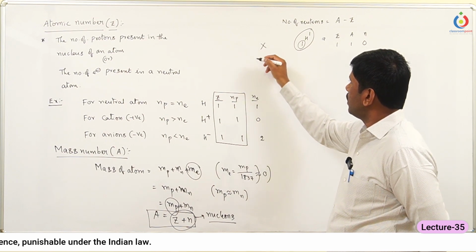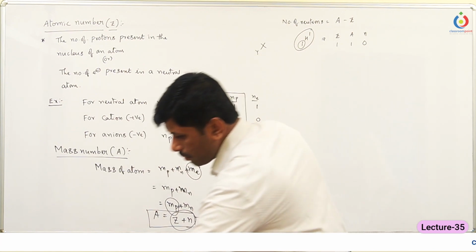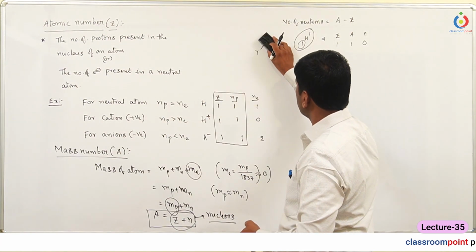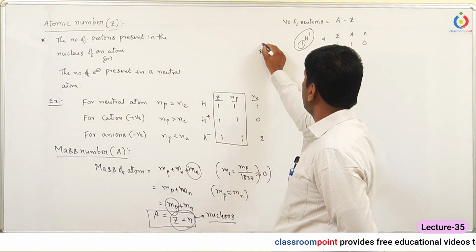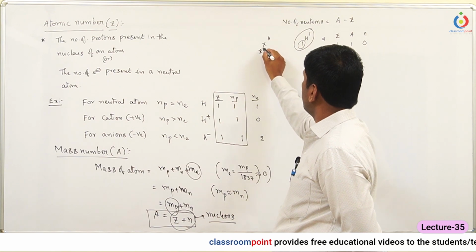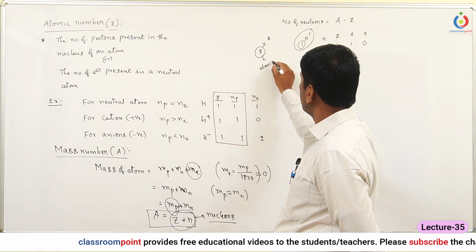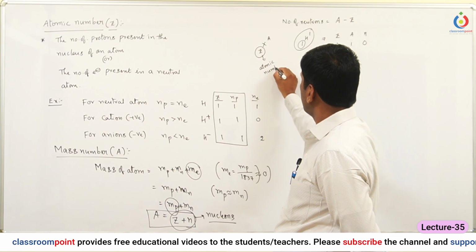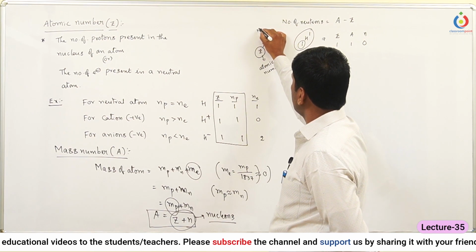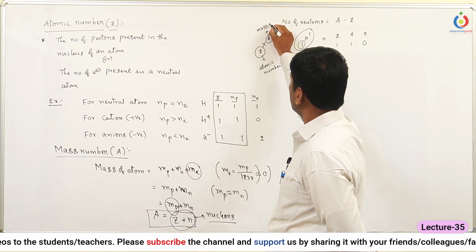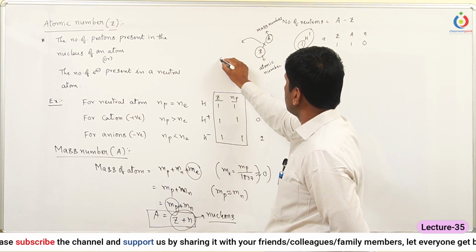Whenever you take any element, write it like this: ZXA. The subscript represents the atomic number. The superscript represents the mass number.